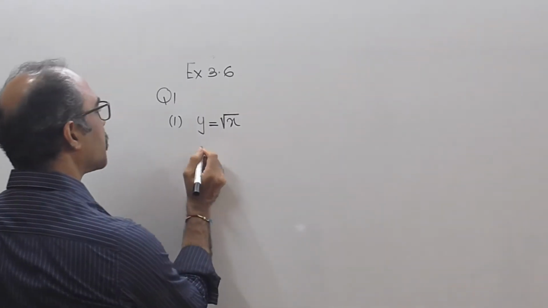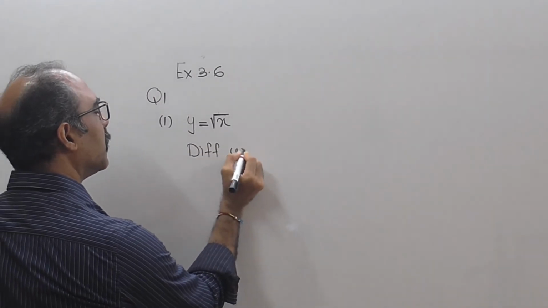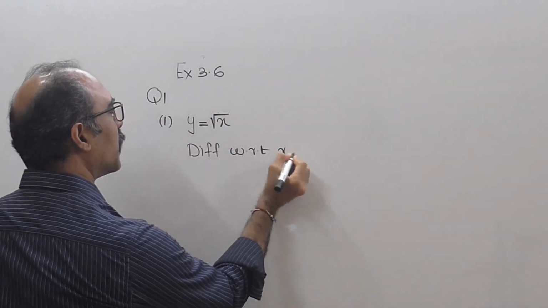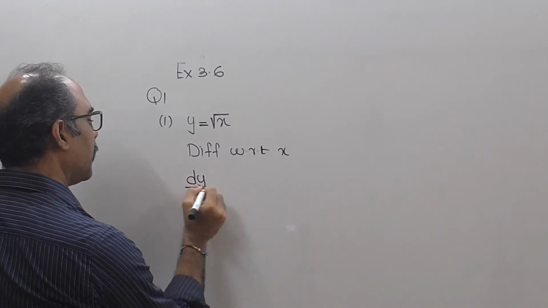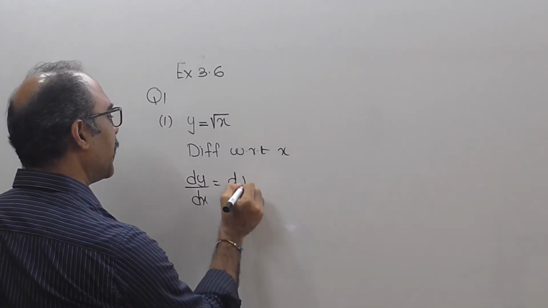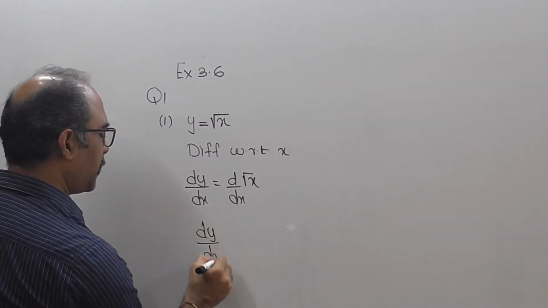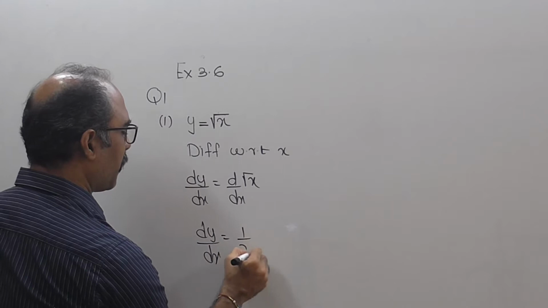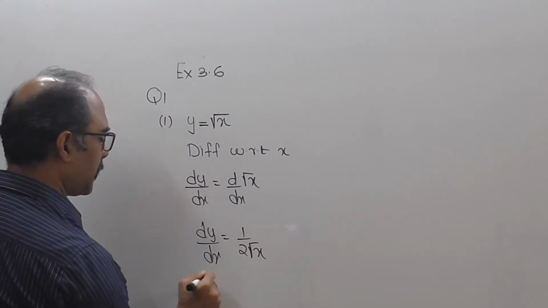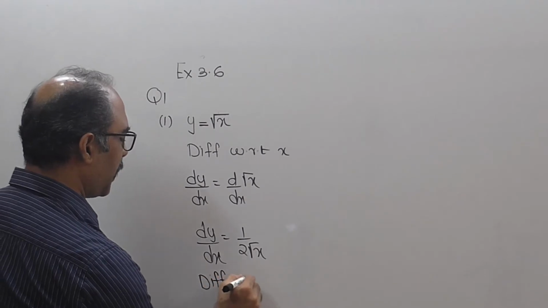Y equal to root x. So what we can do is, we can differentiate with respect to x. So we get dy by dx, that is equal to d by dx of root of x. So first order derivative, which is dy by dx, derivative of root of x is 1 upon 2 root of x. Now what we can do is, we have to find d square y upon dx square.